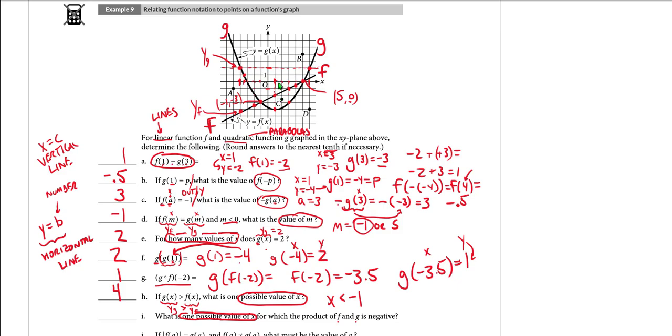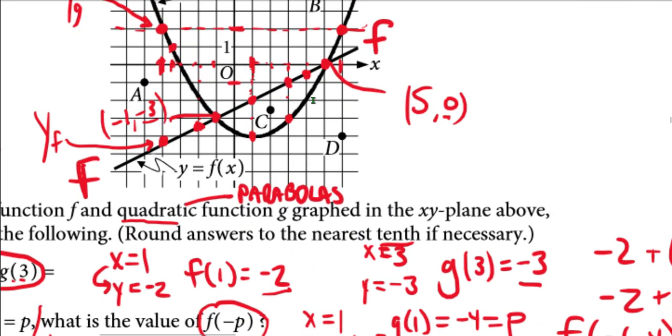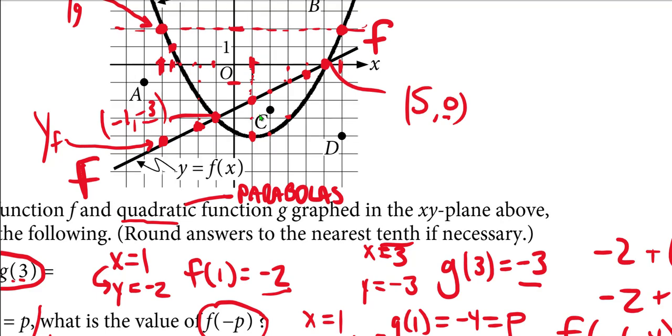So for instance, I'm going to zoom in here for a moment. If I'm considering an x value of, let's say, 2, well, both the f function and the g function are negative there, which means that when x equals 2, the product of those two functions is going to be positive, because I will have a negative and a negative multiplied together, which will give me a positive.